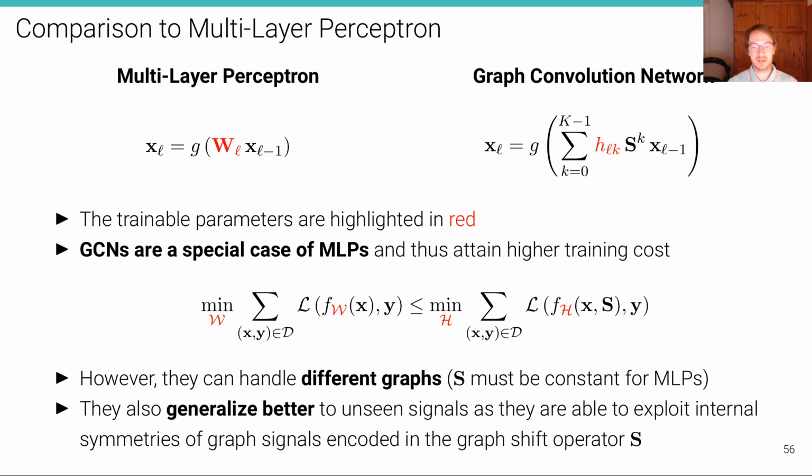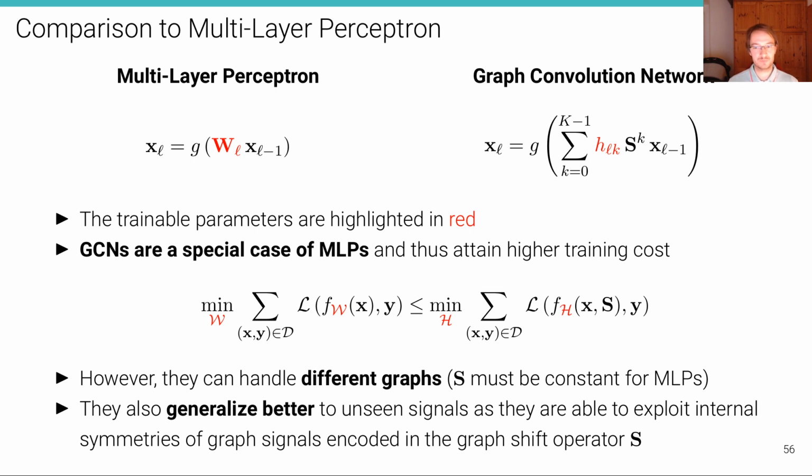By using the graph shift operator, which the MLP does not, the model may perform a little bit worse on the training set, but generalizes dramatically better to new signals on the same graph or to new graphs. And furthermore, the graph convolutional network is the only model in this comparison that can handle different graphs, where we can have an optimization during training time, and also at inference time we can apply this model to different graphs.